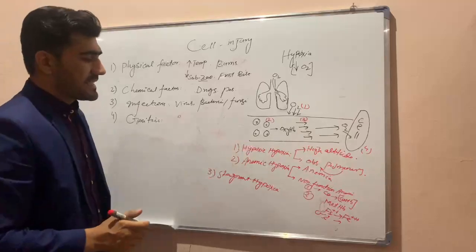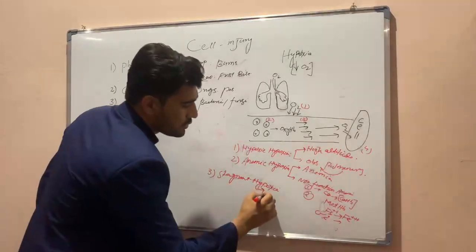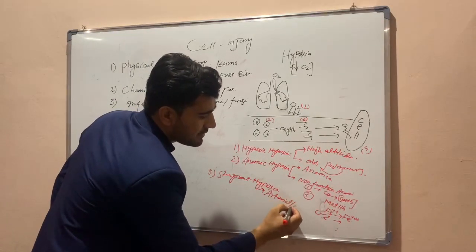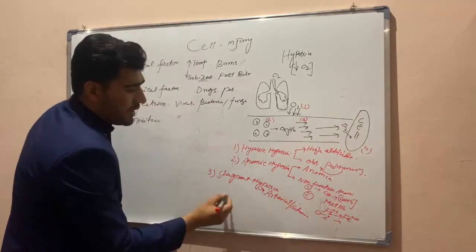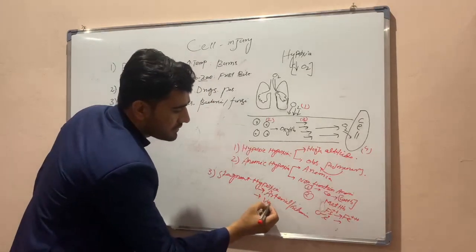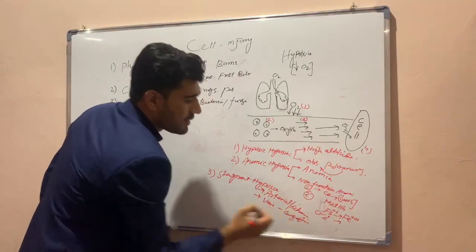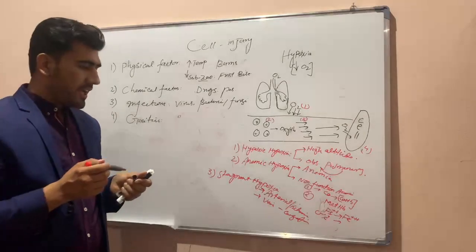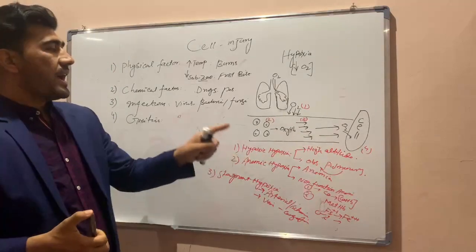If it occurs in the arteries, it is called ischemia. If it occurs in the veins, it is called congestion. This is number three.